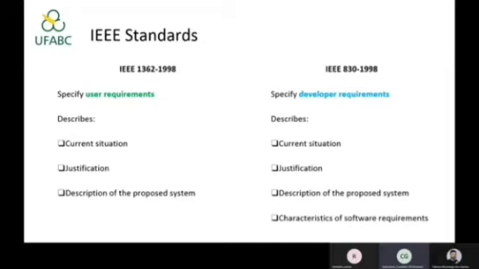Talking about the IEEE 1362, the first specifies user requirements, and the second, the IEEE 830, specifies developer requirements. Both describe the current situation, justification, and description of the proposed system, and there is one more topic in standard 830: the characteristics of software requirements.